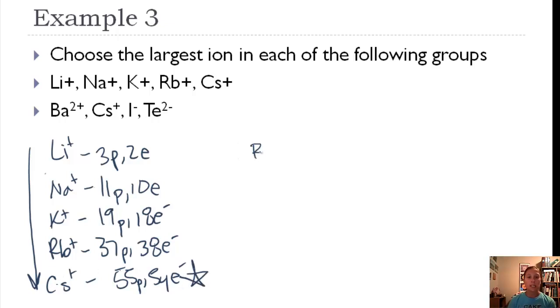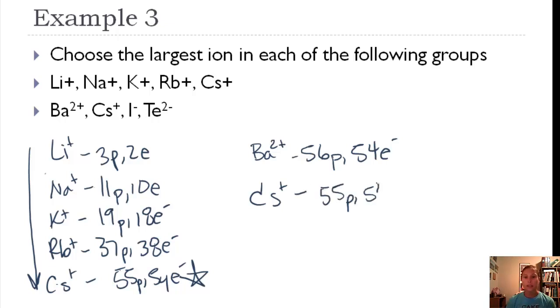Now if we look at our second example, barium has 56 protons, and because it lost 2, it has 54 electrons. Cesium has 55 protons, but because it lost 1, it has 54 electrons. Iodine has 53 protons and 54 electrons.